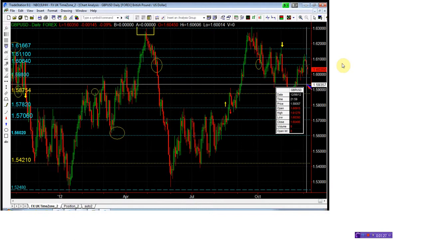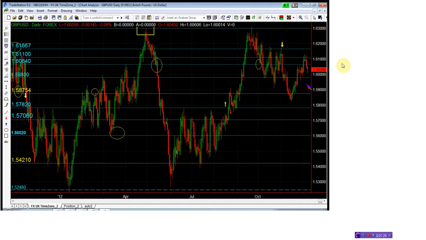The pound couldn't even muster enough energy to come and close above the previous daily low. This is how negative the pound is, and therefore that should continue.